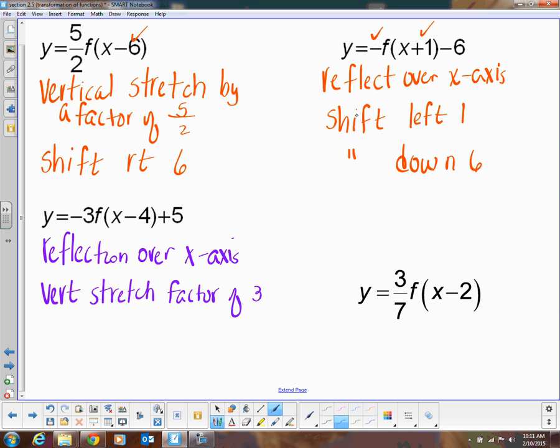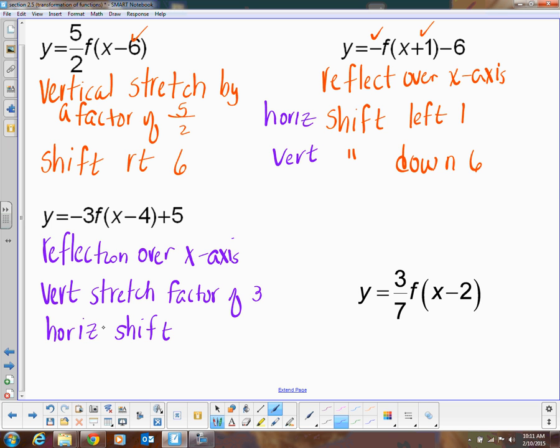Oh, wait a minute. This is not good enough. I need to see horizontal shift. I need to see vertical shift. So this is a horizontal shift. How did we shift it? Horizontal? Yeah, not like left or right? I think that would make it easier.